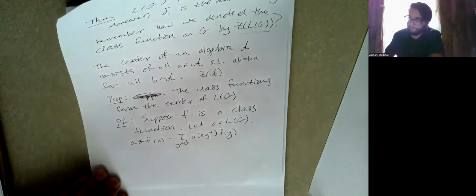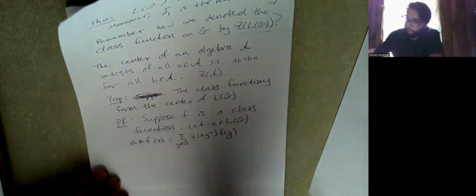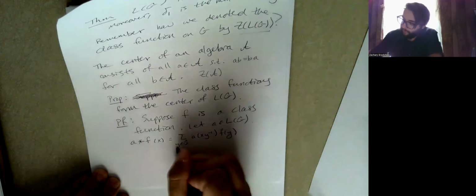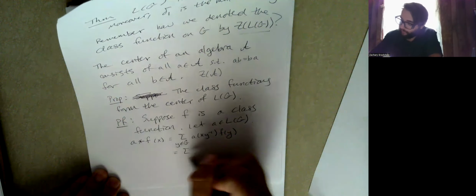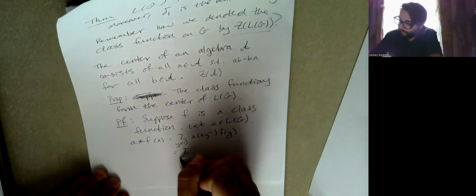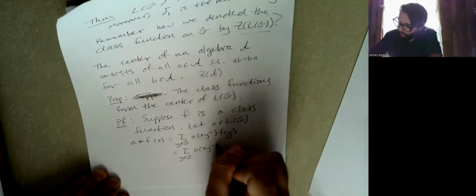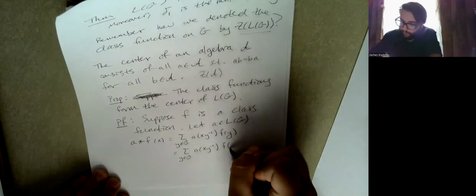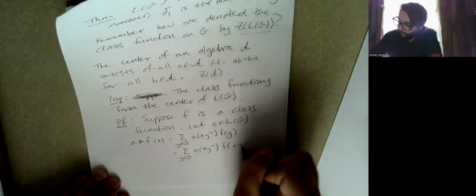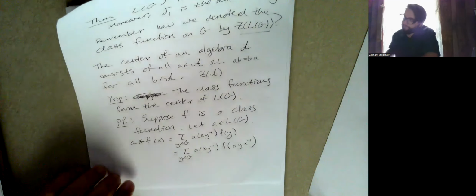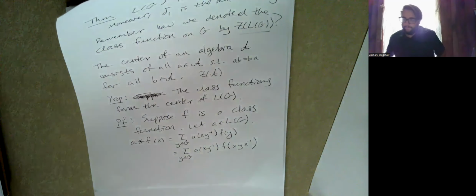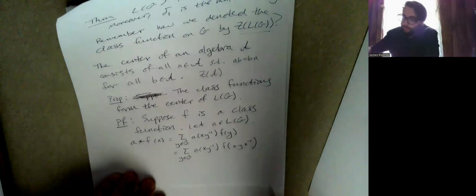Okay. And since F is a class function, it's invariant under conjugation in the argument. That's the definition of a class function. So this is F of, let's call it, X Y X inverse. And now we can do our substitution trick again.